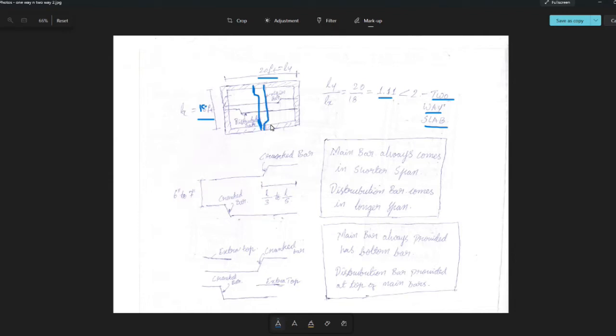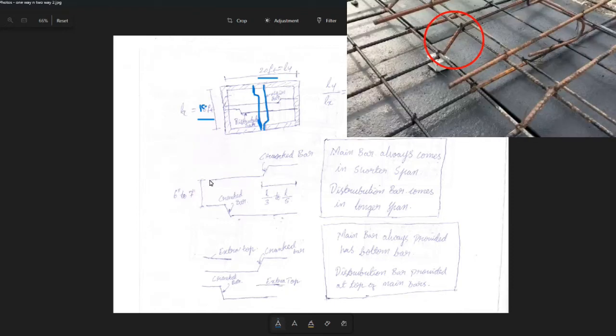We need to provide the crank bars in a staggered manner. This is the elevation I have just shown. This is how the steel goes straight, and on one side it has the crank bar.